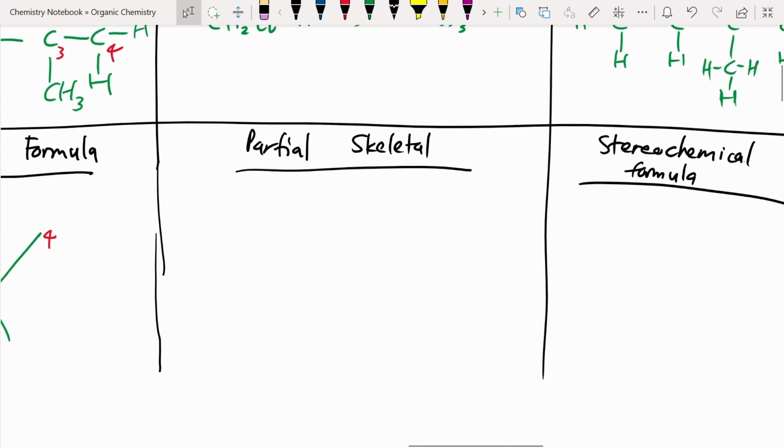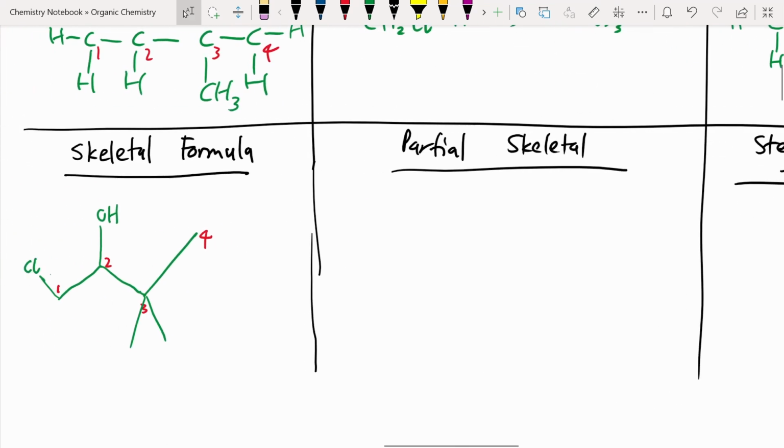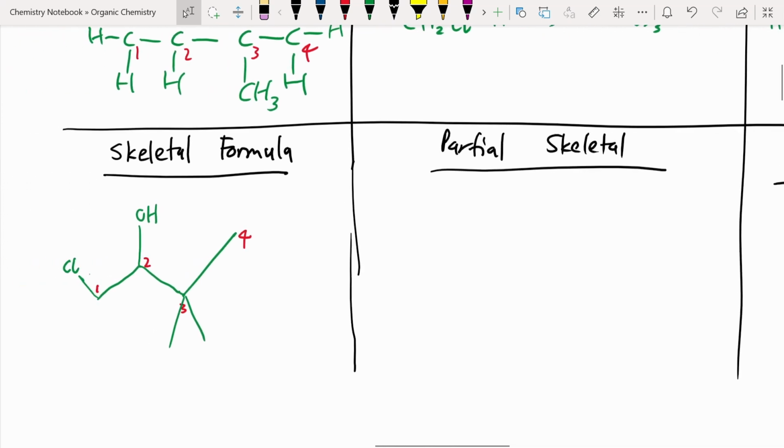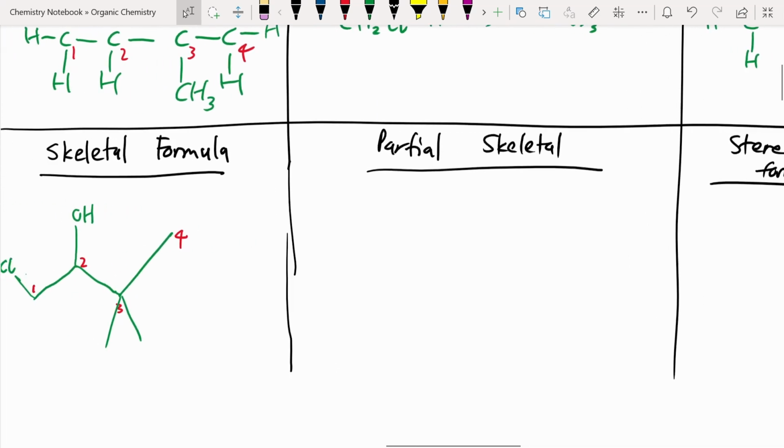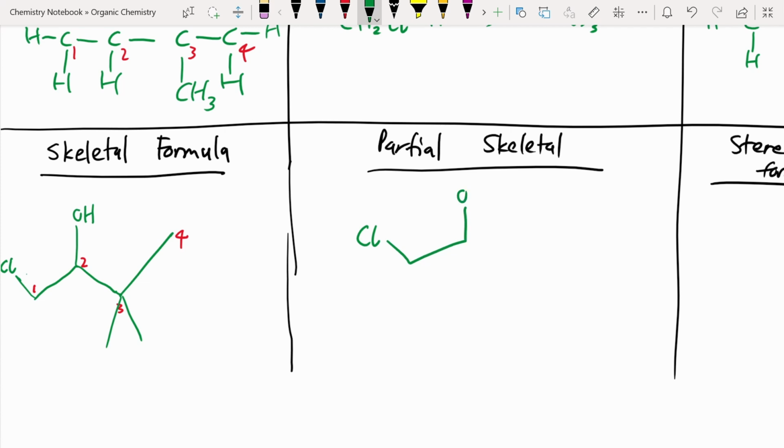Partial skeletal, for this case, is if you want to show, this one is also a bit laid back, basically showing the methyl groups.